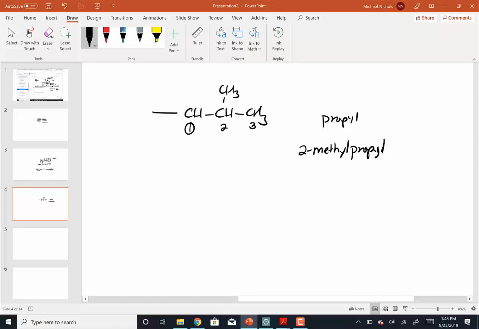Except that when you have a 2-methyl propyl group, and you're going to put it in the listing of alphabetized substituents, you can't get the 2-methyl confused with the number that's going to come in front of the 2-methyl, because this is going to be like at carbon 5 on a chain.